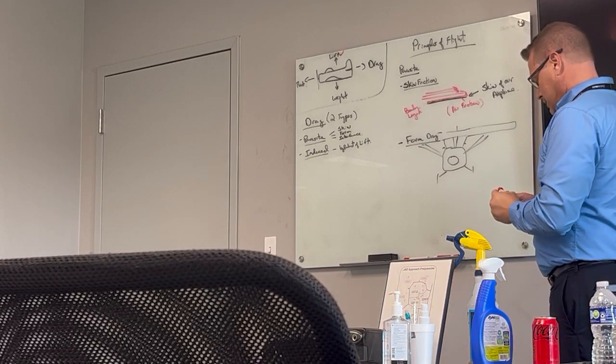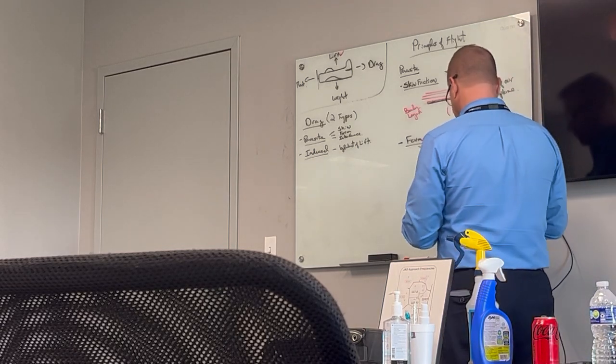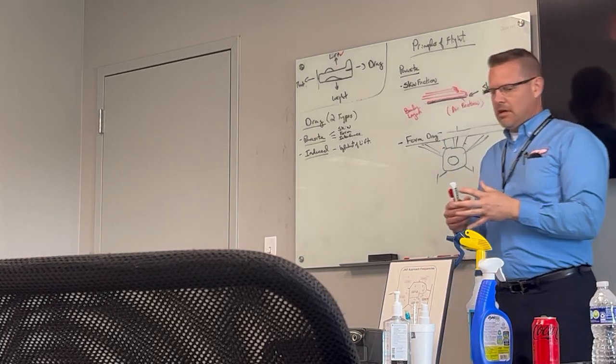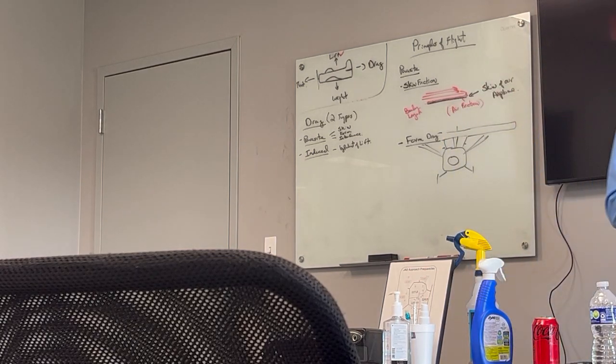So form drag literally is the shape of the object, and form drag can be measured relatively by air displacement. So the more air an object displaces as it moves through the environment, the more form drag it has.